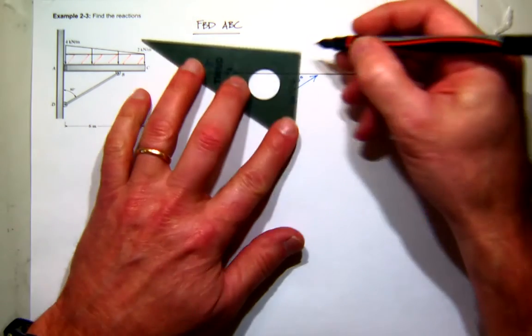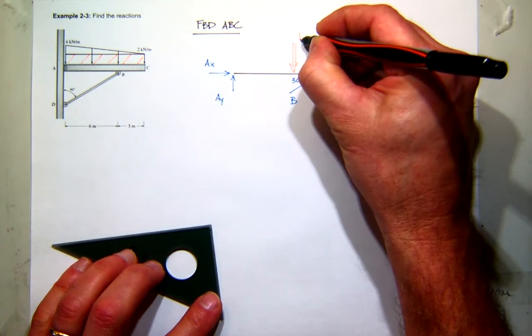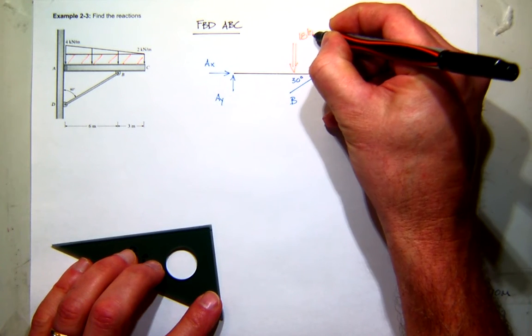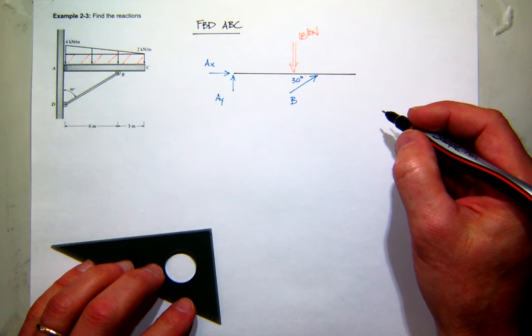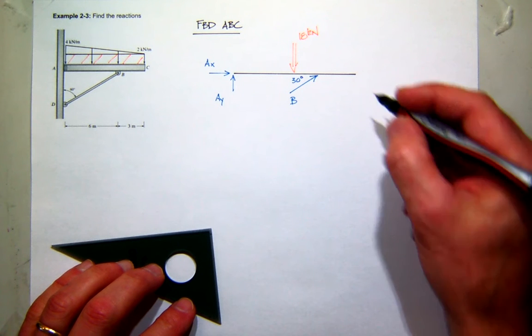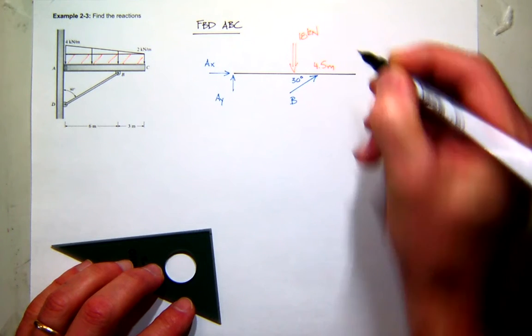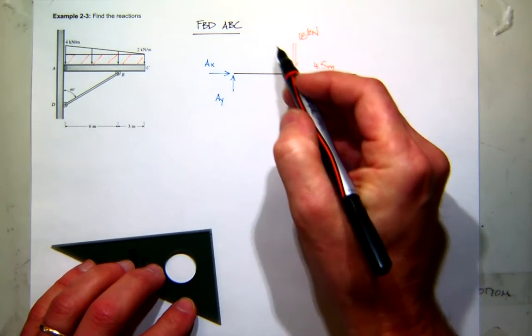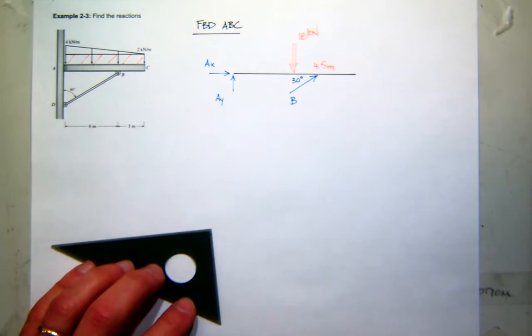So I'm going to come in here and draw my 18 kilonewton load. And that's 4.5, right? Yes. So I'll just say 4.5 meters from the left. I also know this distance is 4.5. I'm not filling that in because I'm going to have to deal with this triangular part.